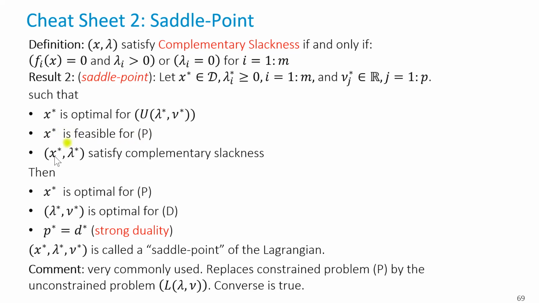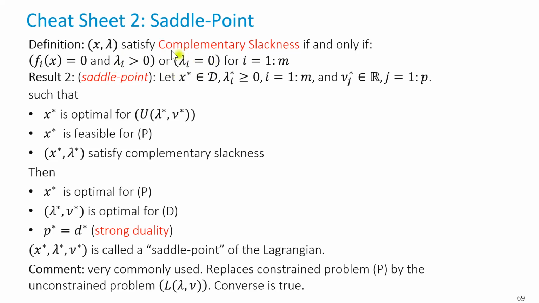Now I need additional conditions here, which are called complementary slackness. Remember that some of the constraints are inequalities. And essentially it's saying that either the inequality is satisfied with equality or the multiplier is zero.